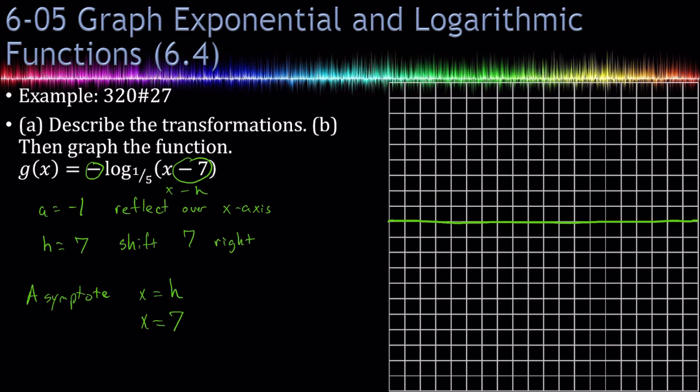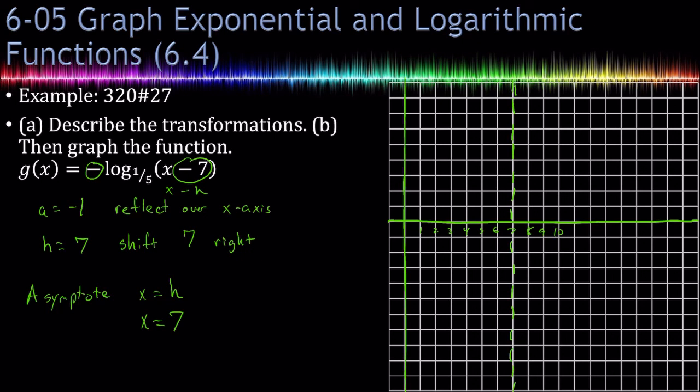And looking at my graph, I'm going to make this the y-axis, and I know to do this because I've done the problem before. So we have 1, 2, 3, 4, 5, 6, 7, 8, 9, 10, and so on. x equals 7 is the asymptote. So I'm going to put that in as a dotted line.